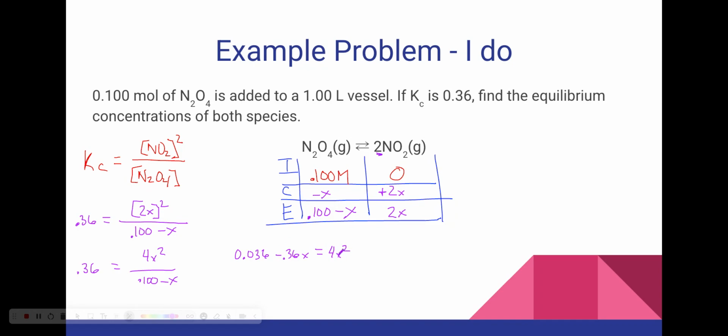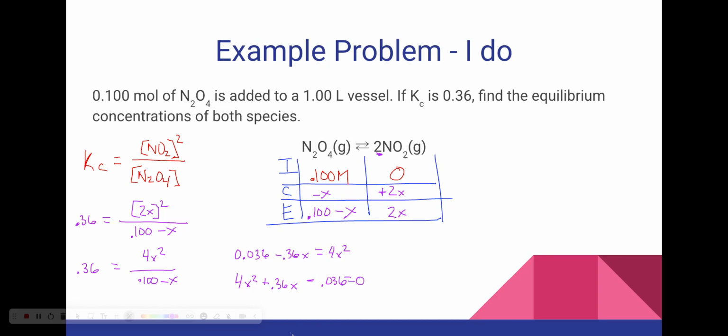Okay. Now I'm going to try to get this equation to look like a quadratic equation. So in other words, I'm going to move everything over to one side. So we're going to have 4x squared plus 0.36x minus 0.036 is equal to 0.